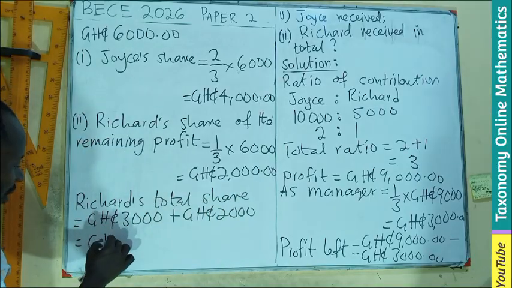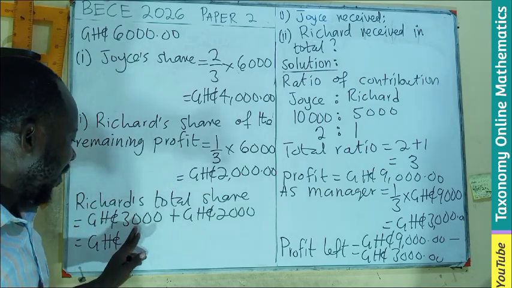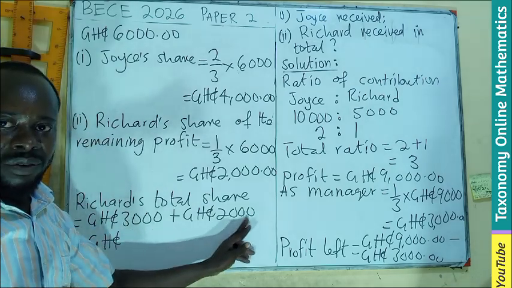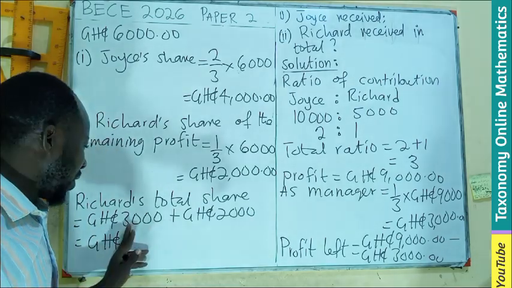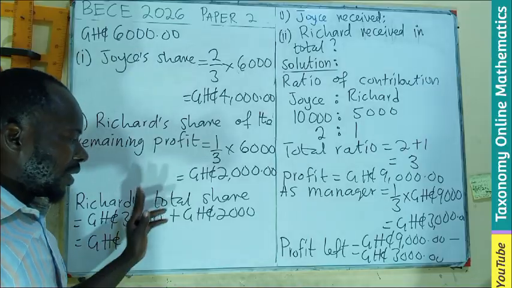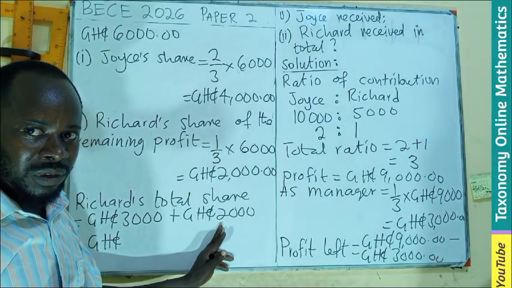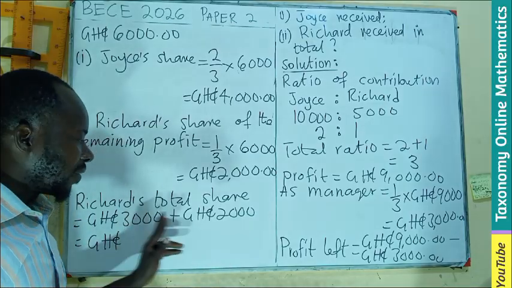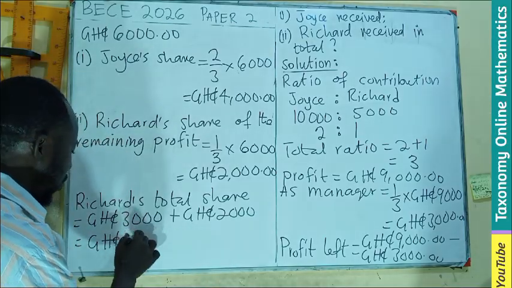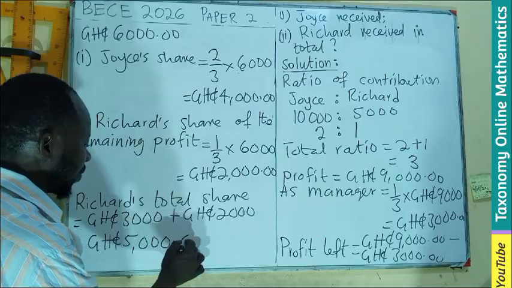So let's see what that will be. We are having 3,000 plus 2,000. That will be 5,000.